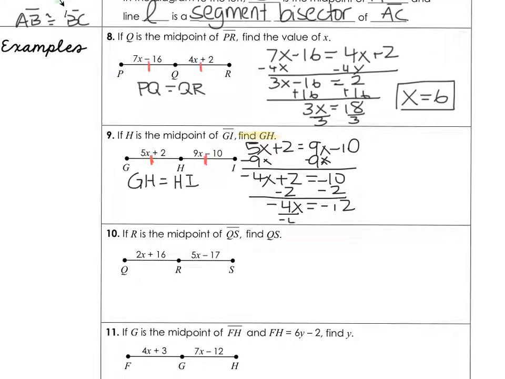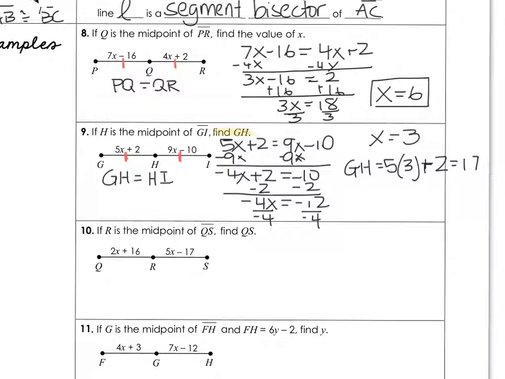Divide by negative 4. So I get x equals 3. But remember, it wants to know GH. So for GH we substitute our x in, so it's 5 times 3 plus 2 equals 17.